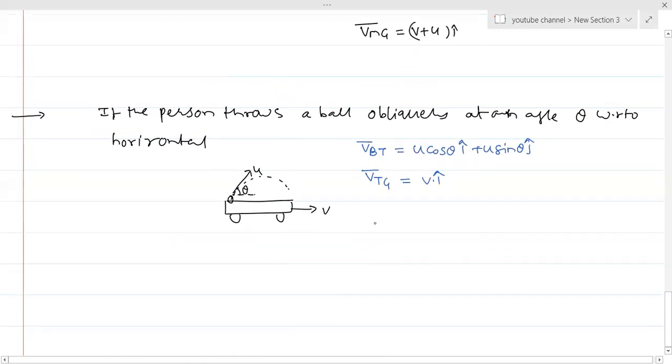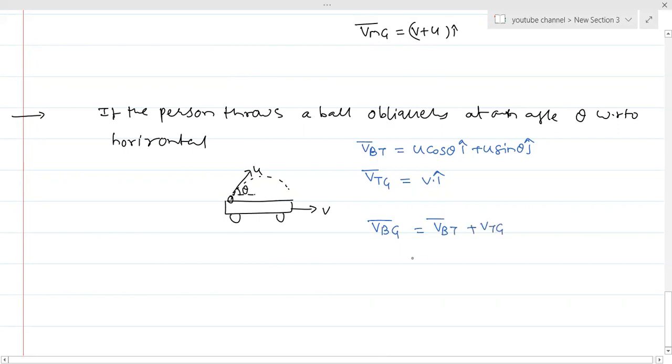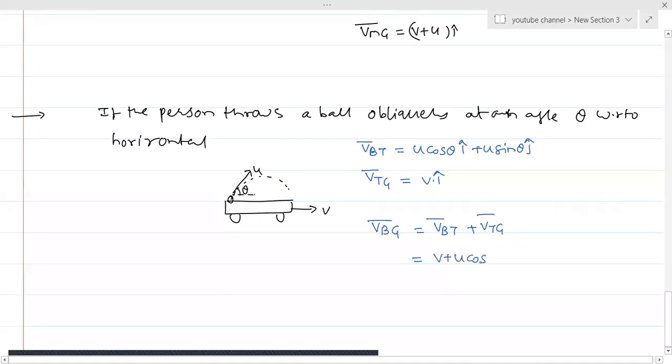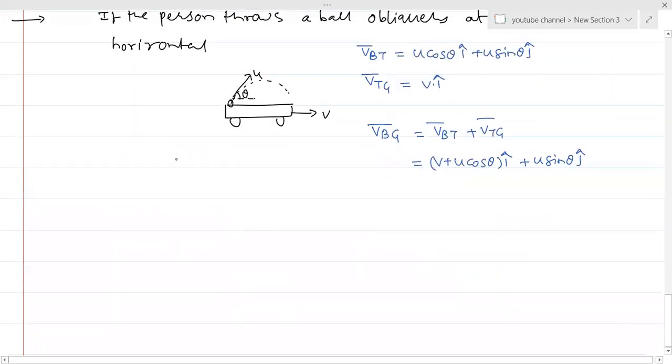So then the velocity of the body with respect to ground is the velocity of the body with respect to truck plus the velocity of the truck with respect to ground. So simply we will write (v plus u cos theta) into i cap plus u sin theta into j cap.